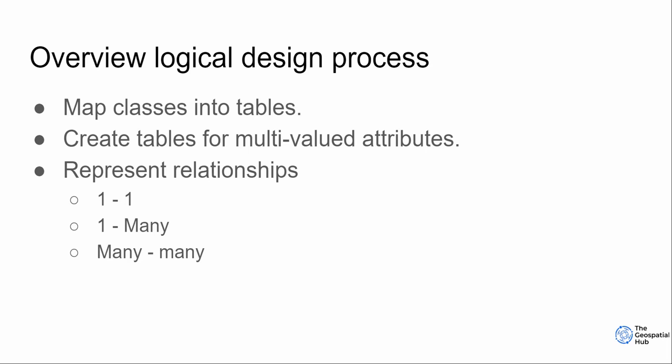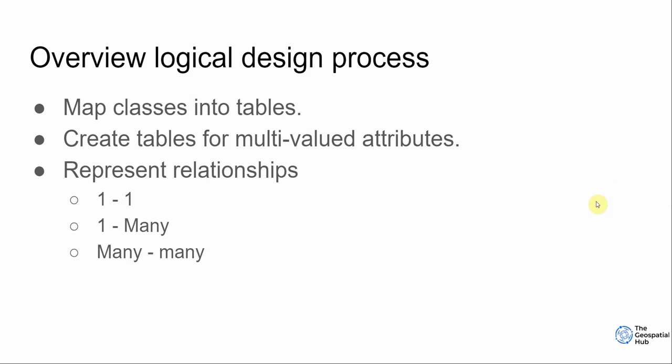Remember, in our previous sessions, we spoke about storing just an atomic value for each attribute. So for attributes that have more than one value, we have to create another table. And finally, we have to represent the relationships: the one-to-one, the one-to-many, and the many-to-many relationship.